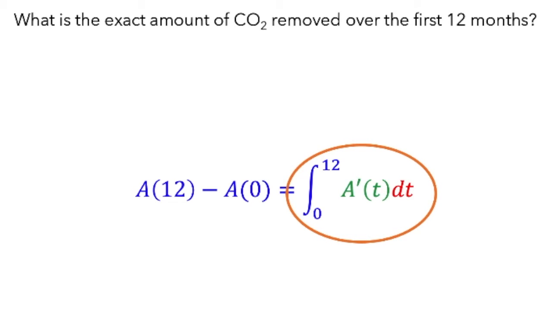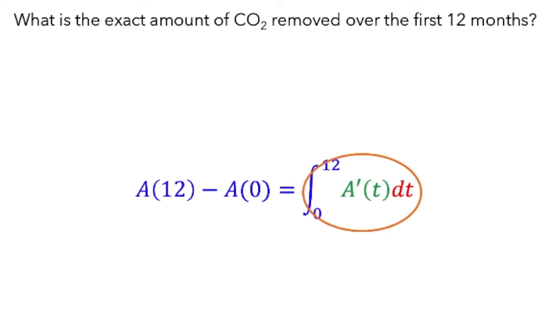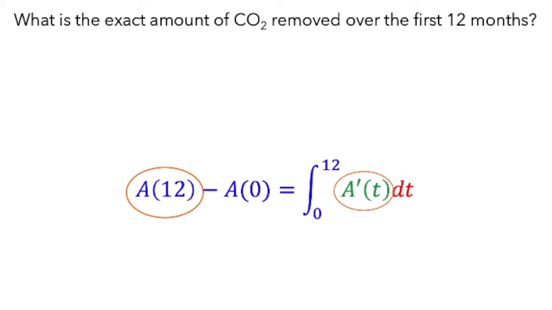Second, and more important, if we want to compute the exact value of a definite integral, we can think of the function we're integrating as a derivative and use the function that it is a derivative of to compute the value. That is, we can compute the value of this definite integral using an antiderivative of the function we're integrating. And we can write this relationship using more general function notation.